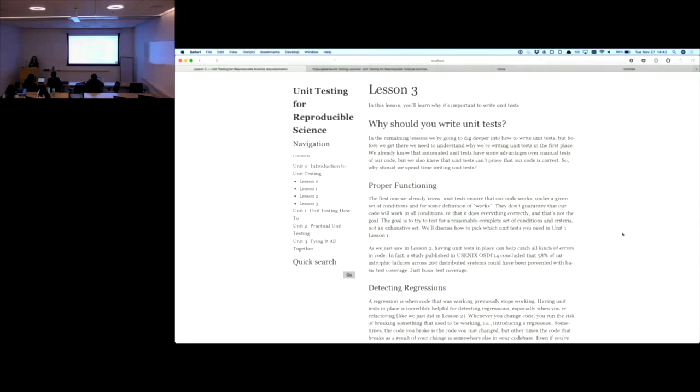In our second hour together, we're going to dig more into actually writing unit tests, and you're going to get practice actually writing unit tests. But before we get there, I want to talk about why you should be writing unit tests. I'm going to talk about why software engineers write unit tests, the motivations they have.